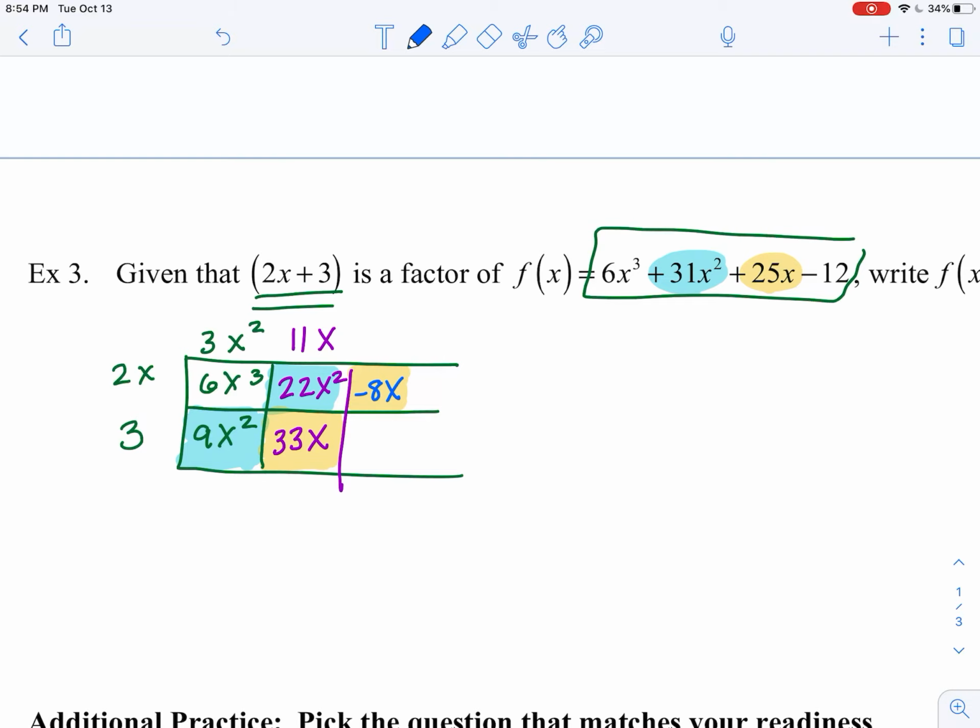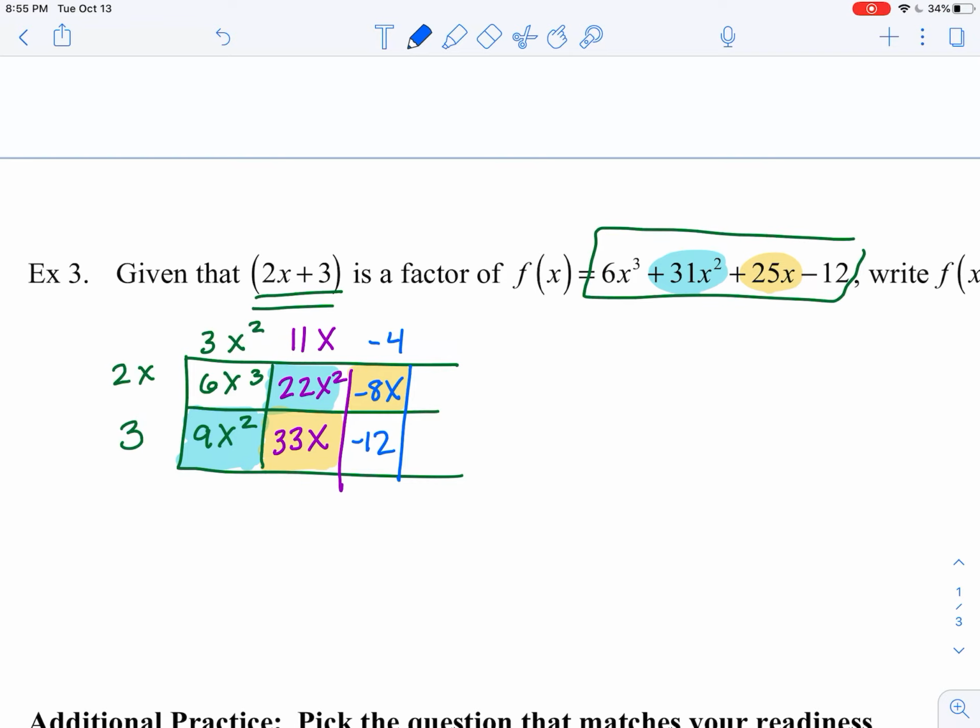So that together they'll make that 25x. So now I'm asking myself, okay, so 2x times something gives me negative 8x. That's got to be a negative 4. And that negative 4 would also multiply by the 3. And that would give me that set of boxes.